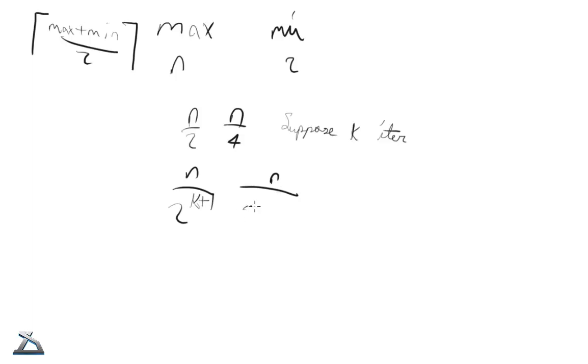And the thing is, for k iterations it is 2 to the k, and of course 2 to the k plus 1 for k plus 1 iterations, I should say.